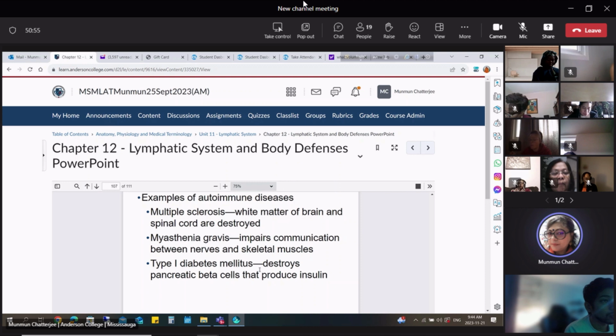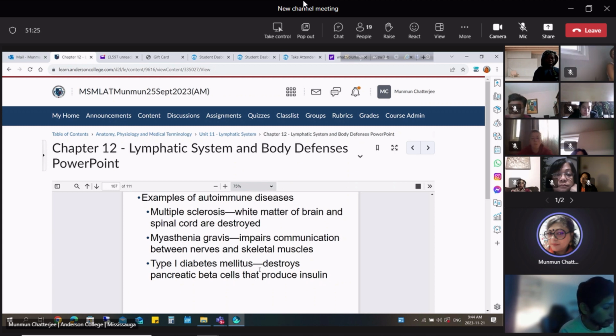Diabetes mellitus. We all learned that in the digestive system, the pancreas has beta cells which produce insulin. In this autoimmune disease, diabetes, they destroy the pancreatic beta cells. So what is happening in the body if they attack or destroy the pancreatic beta cells?